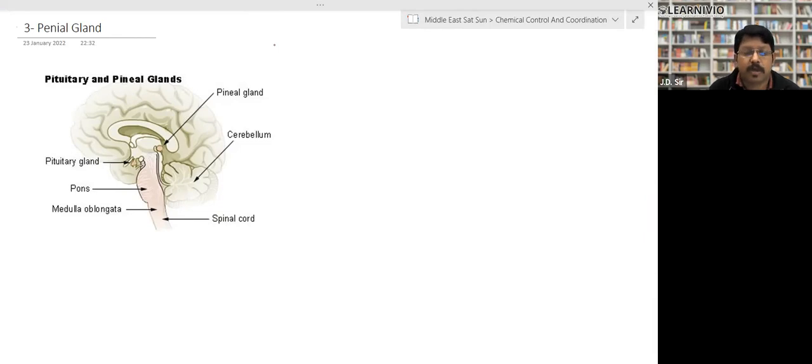Suppose I am living in India and I have to go to the USA. The timeline will change, as I will cross the date line. The day here will be night over there, and the night here will be day over there. My biological clock will get disturbed.